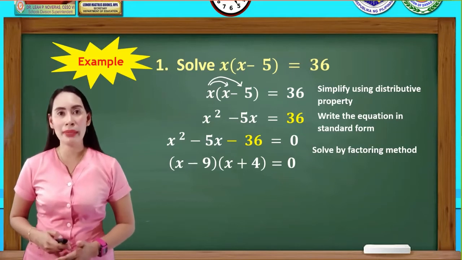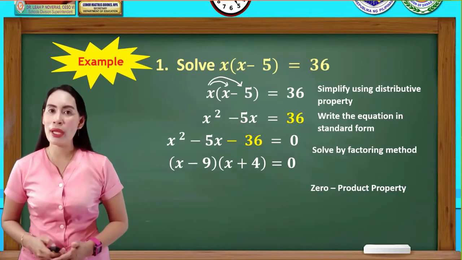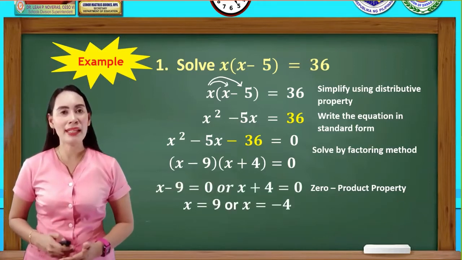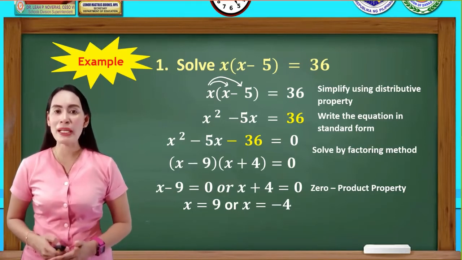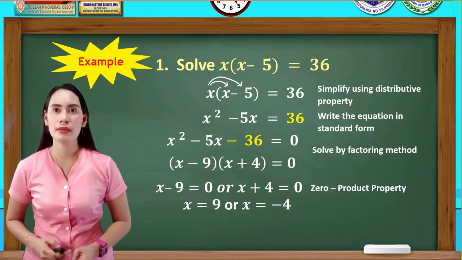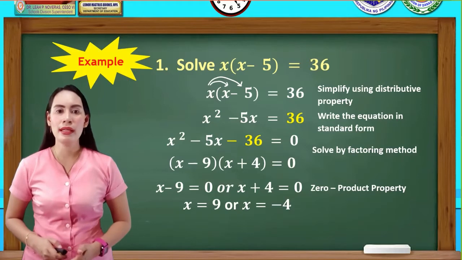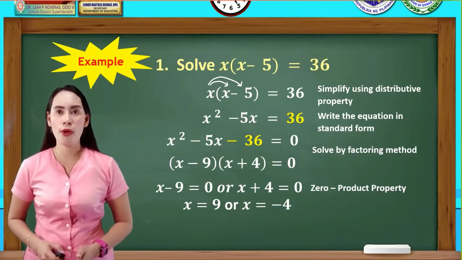So, the equation becomes the quantity of x minus 9 times the quantity of x plus 4 equals 0. So, by applying the zero product property, we have x minus 9 equals 0 or x plus 4 equals 0. Then solve, x is equal to 9 or x is equal to negative 4.